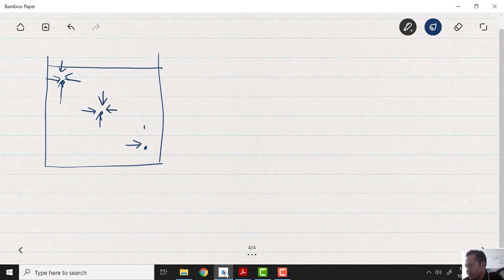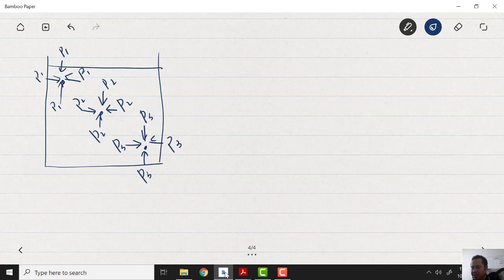Same here at point 2, and same at point 3. Any direction at a point, the pressure is the same.